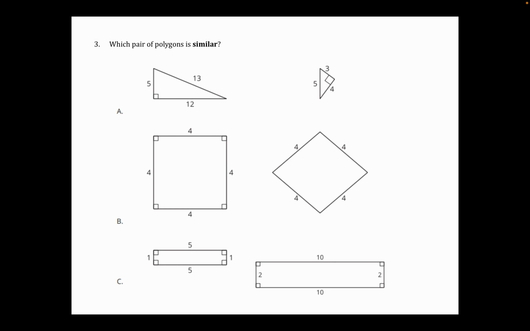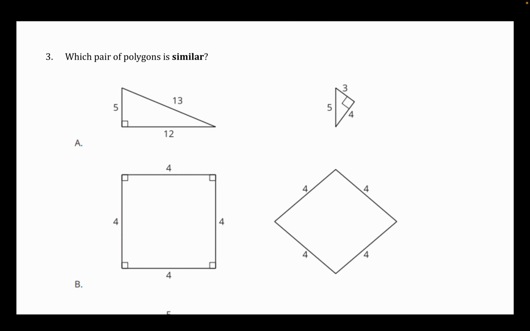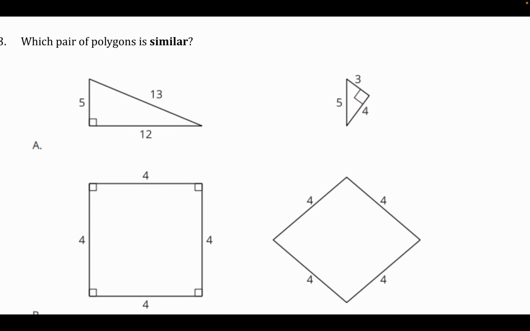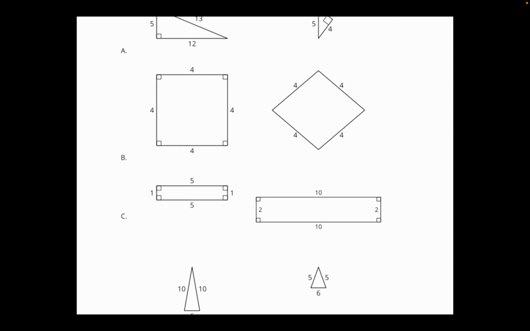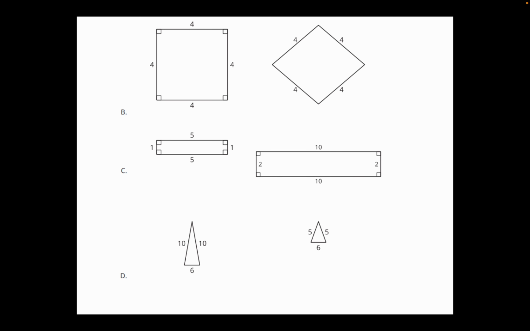Okay, so question 3, which pair of polygons is similar? Now we know for similarity, we have to have angles the same and our sides have to all be in proportion. So let's check these ones out. And it's only going to be A, B, C, or D. It is not all of them.